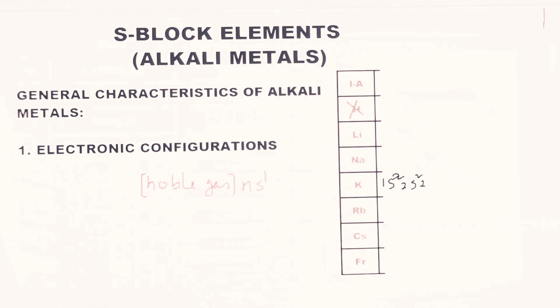Next, rubidium. Its atomic number is 37.